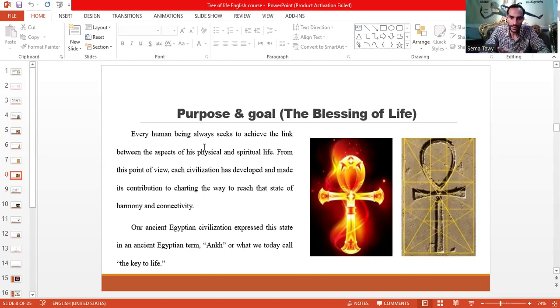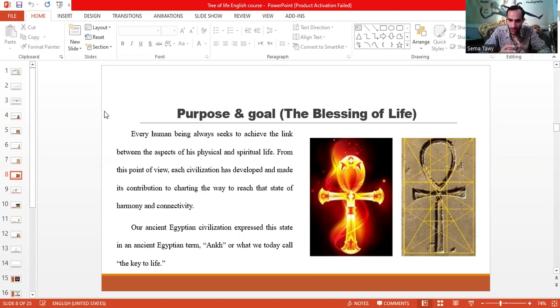Every human being always seeks to achieve the link between the physical and spiritual aspects of life. From this point of view, each civilization has developed and made its contribution to charting the way to reach that state of harmony and connectivity.